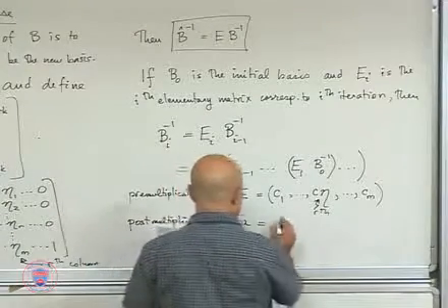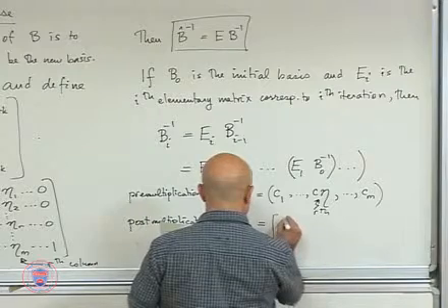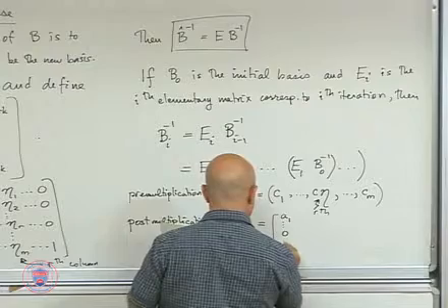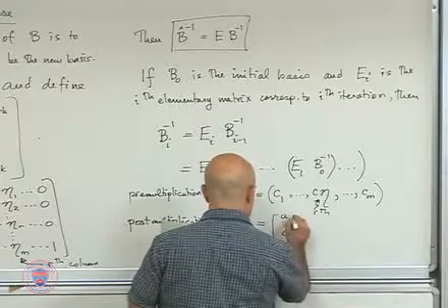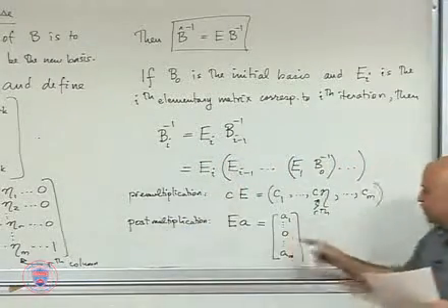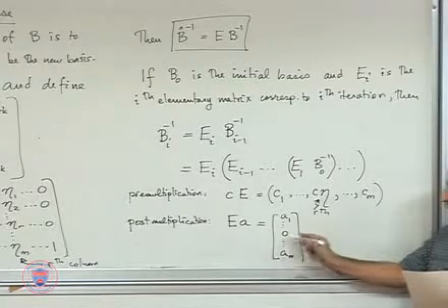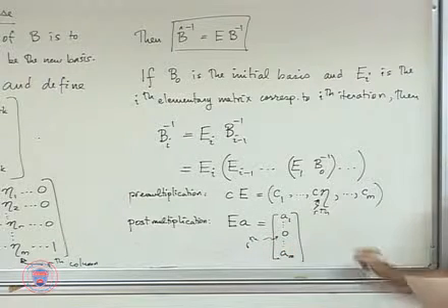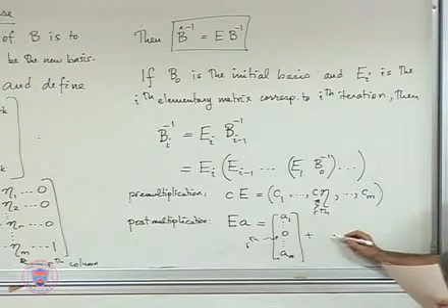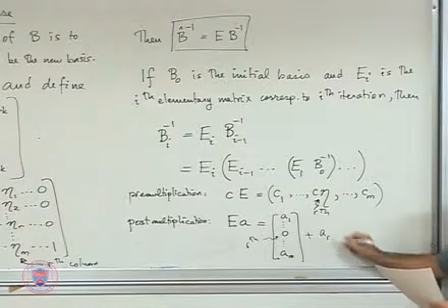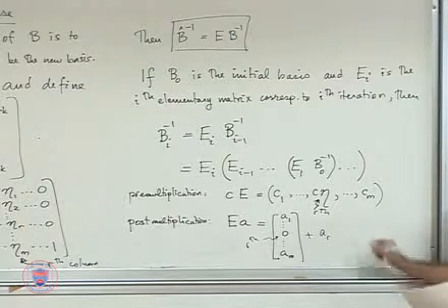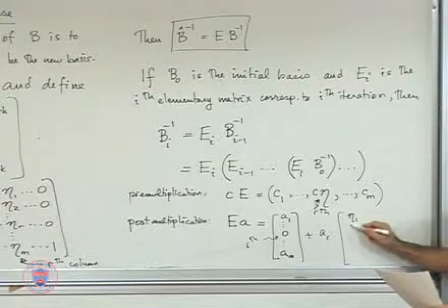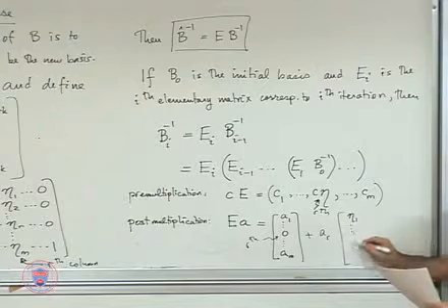So what you do is, you can view this as the following. You can take the A column with a 0 in place of the rth element, and then add to it the element A sub r times the vector eta 1 up to eta m.